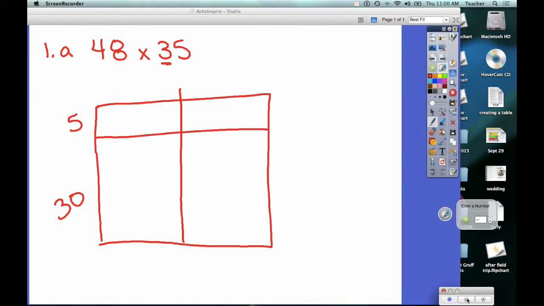Number 22, what do you think? Okay, so I'm going to put the 4 over here, you think? And the 8 over here? It's not worth 4, it's worth 40. So what do you think I'm going to put with my 4 then? A 0.